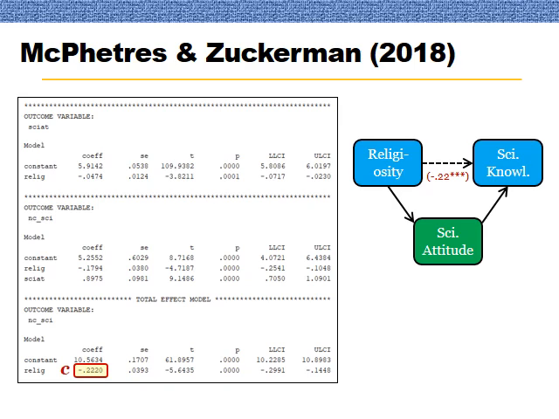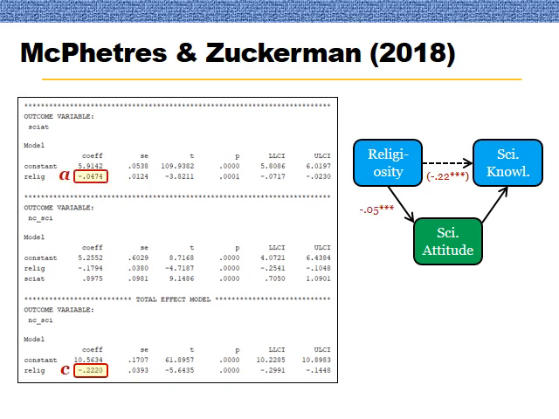As we predicted, as religiosity increases, scientific knowledge tends to decrease. So our total effect here, which we'll put on our diagram in parentheses, is negative 0.22, and we'll use 3 asterisks to indicate that the p-value here is less than 0.001.